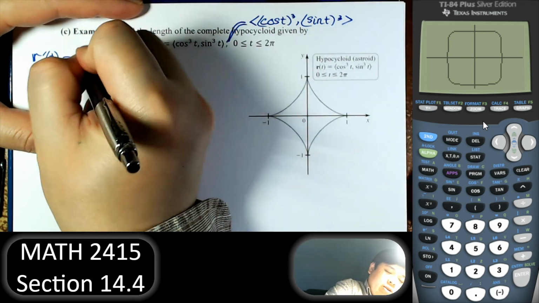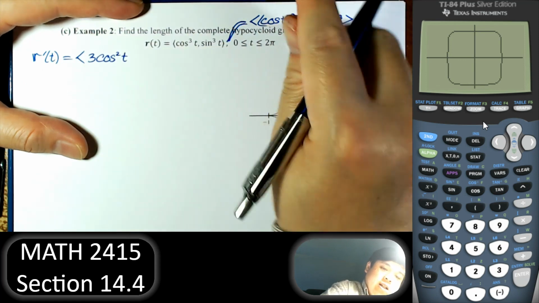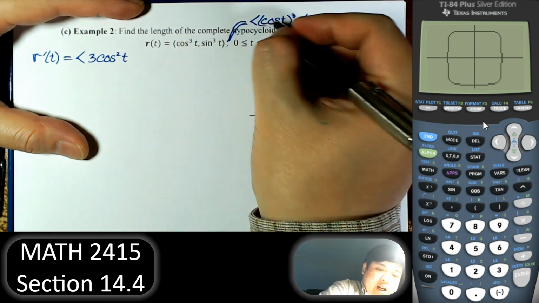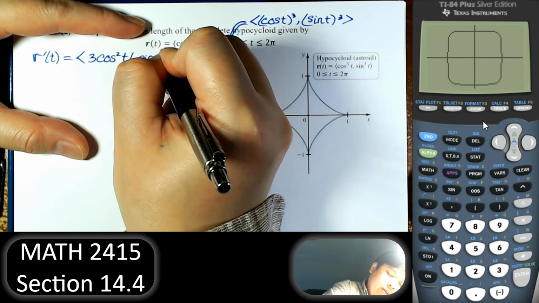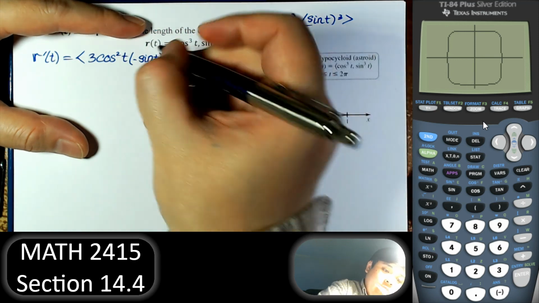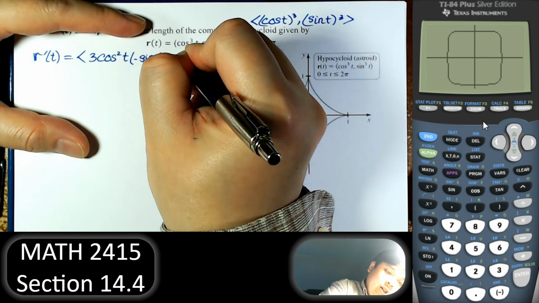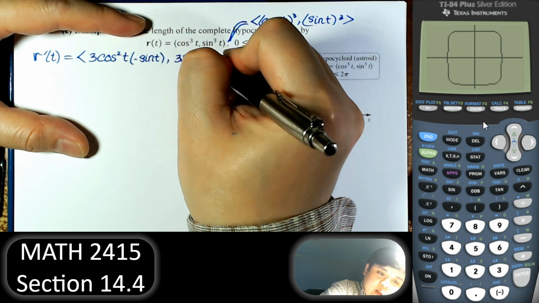So the derivative will be 3 cosine square, and the derivative of cosine is negative sine t. And then sine cubed, 3 sine square, and the derivative of sine is cosine.